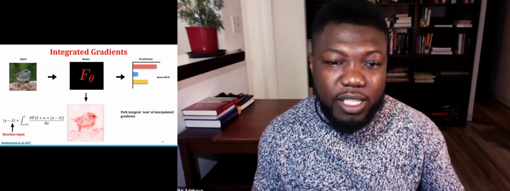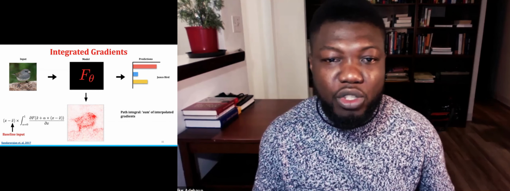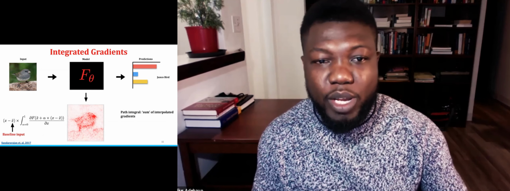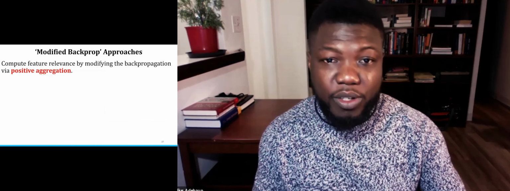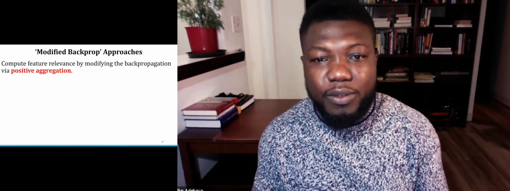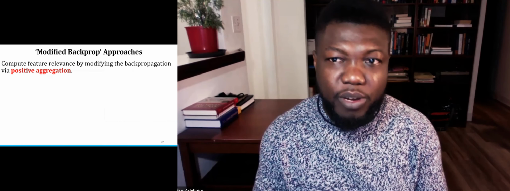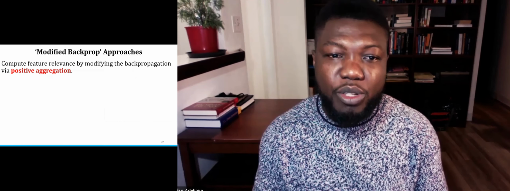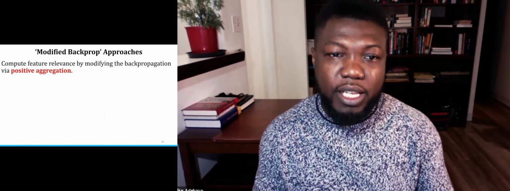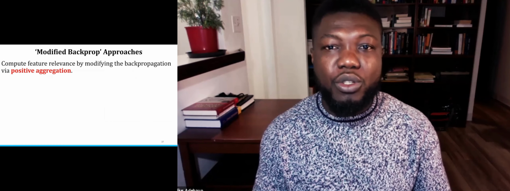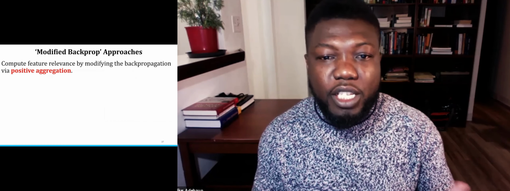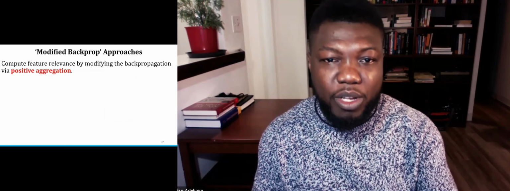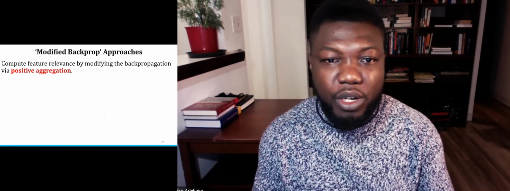This integral in practice corresponds to summing up the input gradients from the baseline all the way to the input of interest. A different class of methods are known as modified backprop approaches. If you step back to think about how to actually compute the input gradient, you realize that this just corresponds to issuing a gradient call to the backpropagation algorithm in your favorite autodiff package.